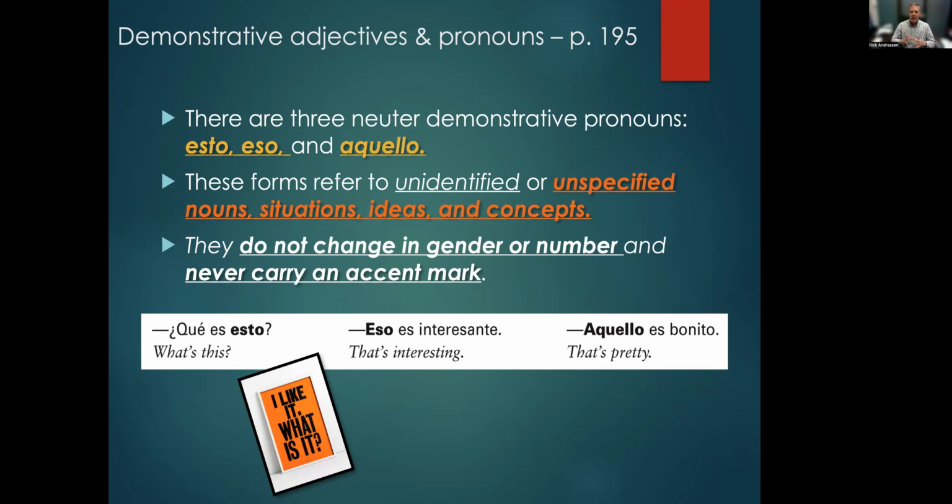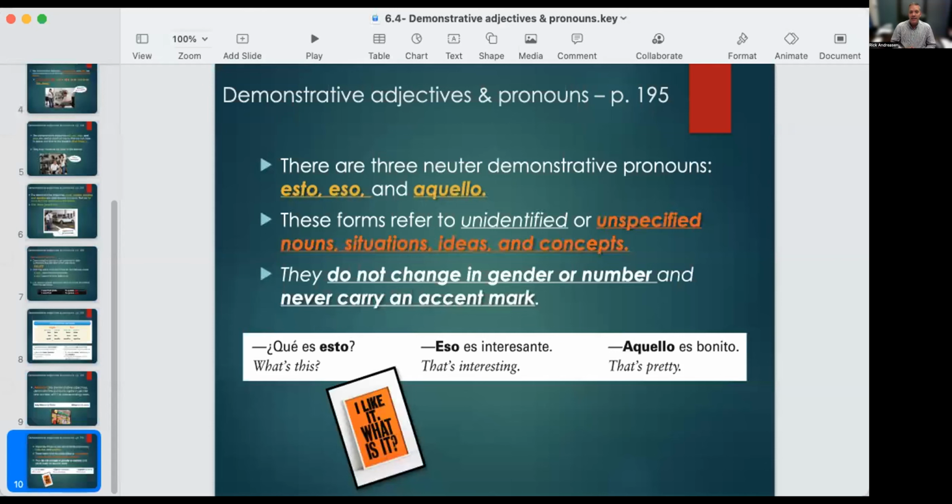Okay, so again, I know it's super confusing. You would think it would make more sense to have esto and aquello be masculine because that's what we're accustomed to, that it ends in O, but it's not. The neuter ones end in O and no accent marks. Okay, that's it. It's pretty straightforward.